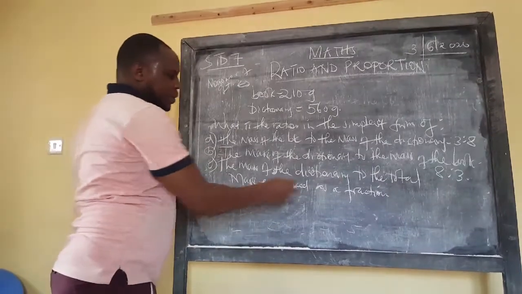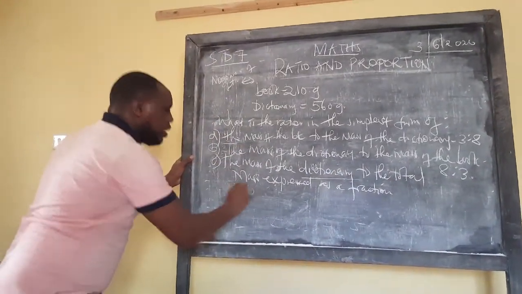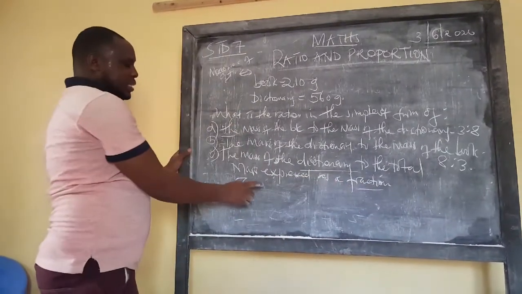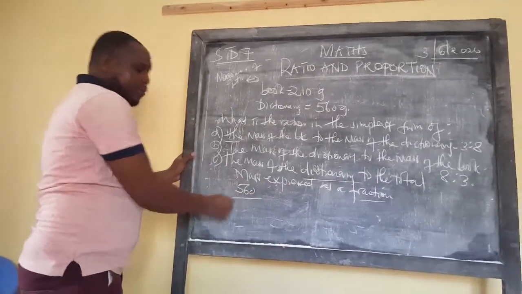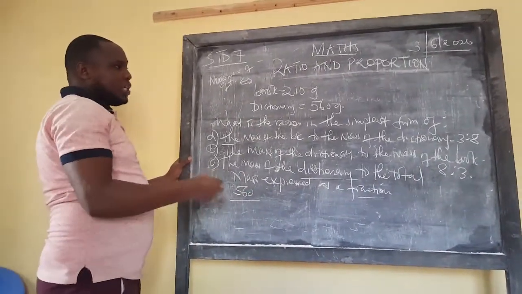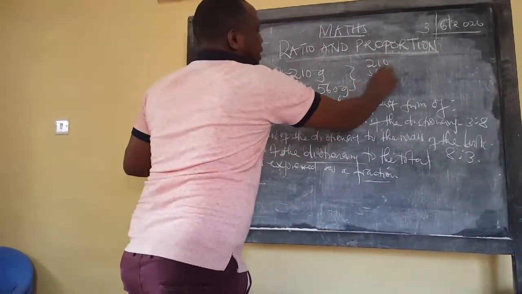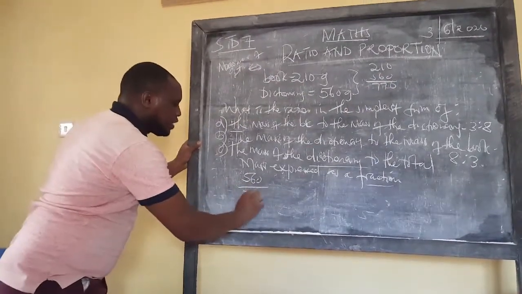So you first begin with the mass of the dictionary. You pick the mass of the dictionary, 560, and we are told this is to be expressed as a fraction. So you don't need to write 560 to the total. No, write it direct from here as a fraction. So what is the total? You add 210 plus 560, 770. So it is 560 over 770.